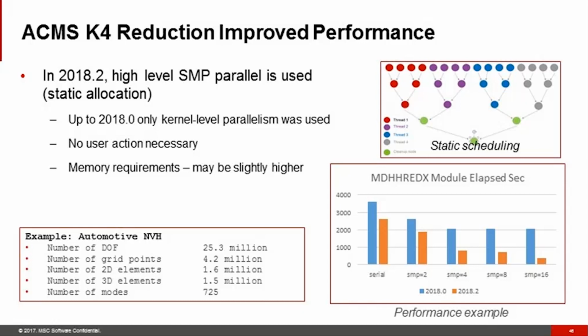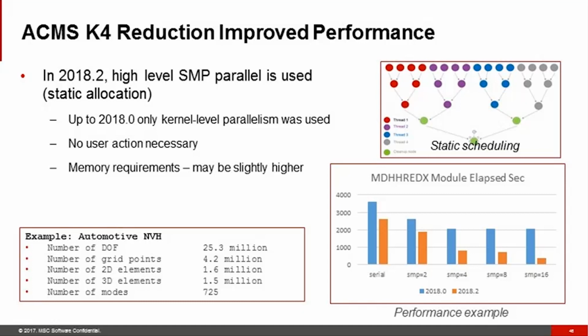Now you can see on the lower right side the comparison between version 2018 and 2018.2. If you notice, for the blue ones that represent 2018, at some point you did not gain any performance from using SMP, like SMP 4, 8, and 16.